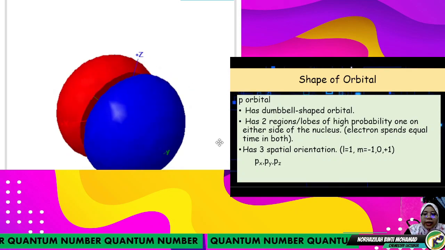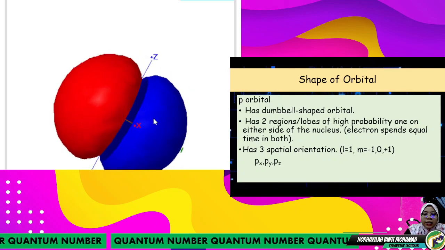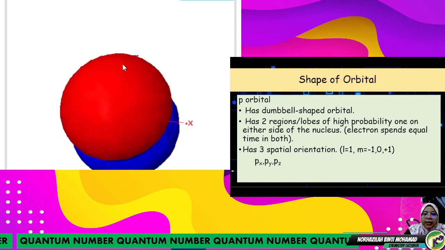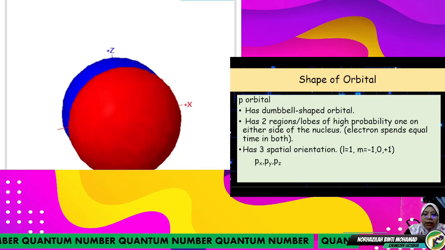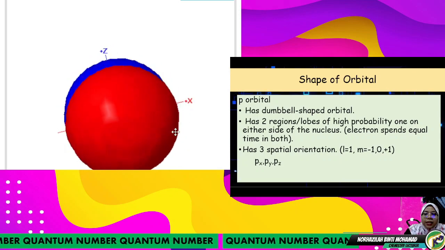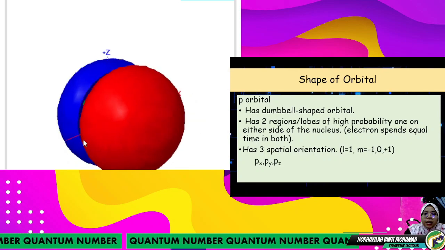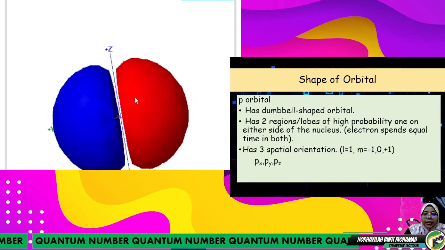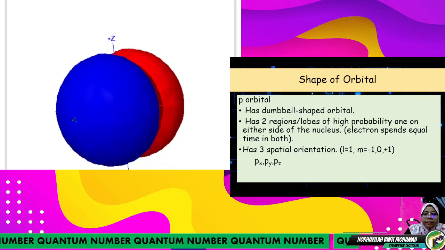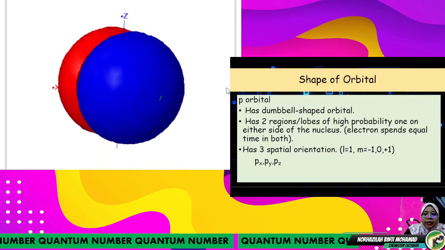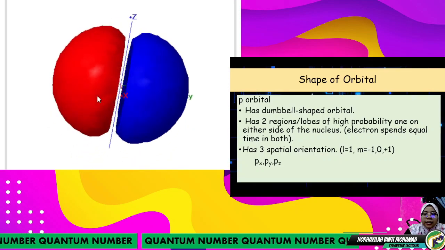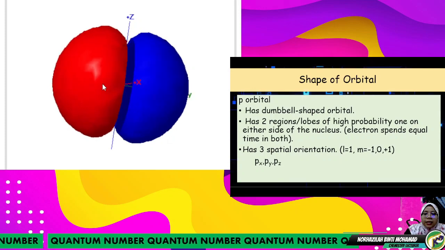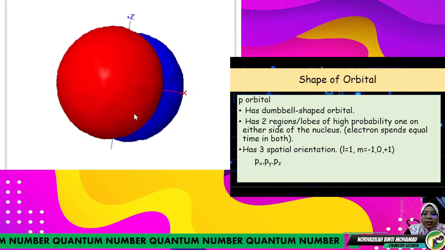We have the y axis here, this is x, and the top one is z. If you can see, the orbital is on the y axis.